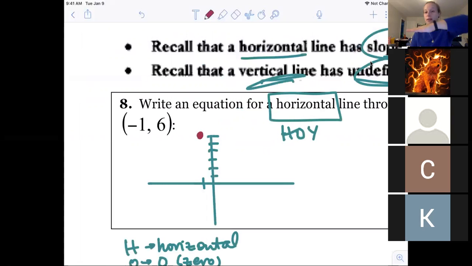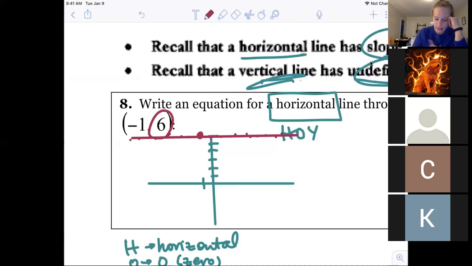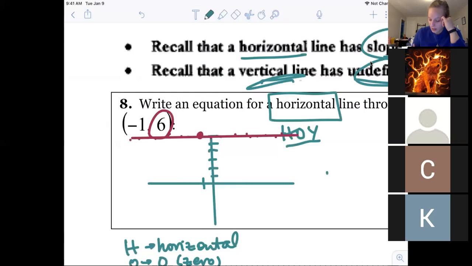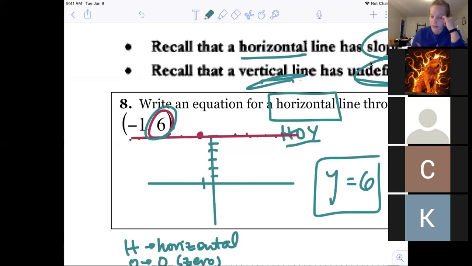And if it's a horizontal line, it's going to go horizontally through that point. If it's horizontal, it means that everywhere it is, its y is equal to 6. So if I remember HOI, h is y equals, so y equals whatever the y value is, and that just means it's 6. Forever and forever, nothing else.